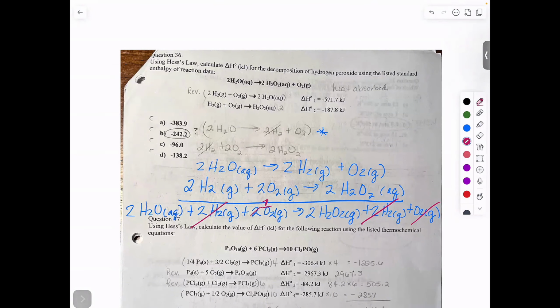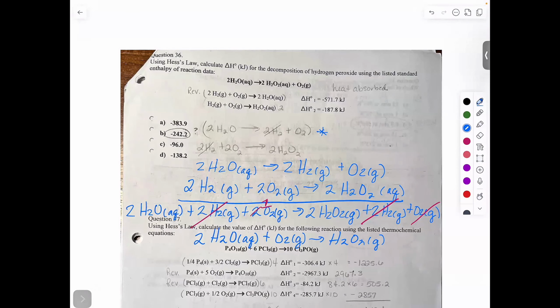Now, that's all I can really do. And you'll notice the resulting reaction, okay, we're just left with the hydrogen peroxide on the right.